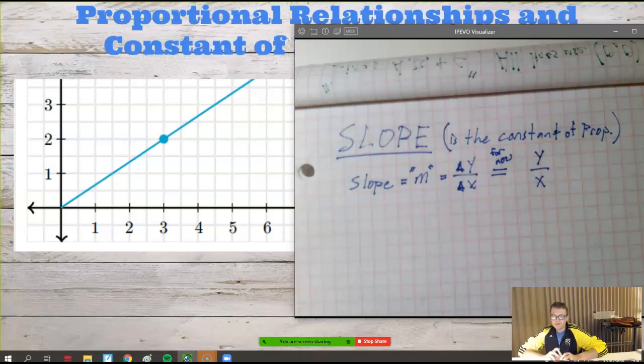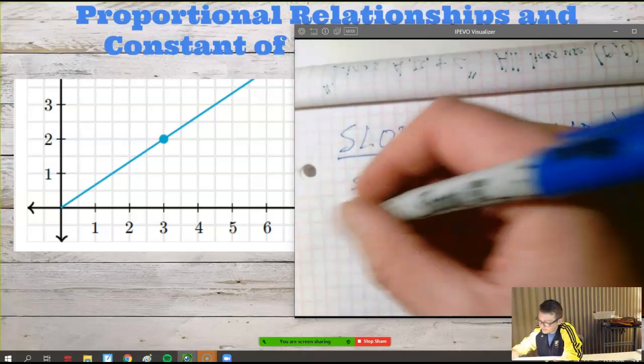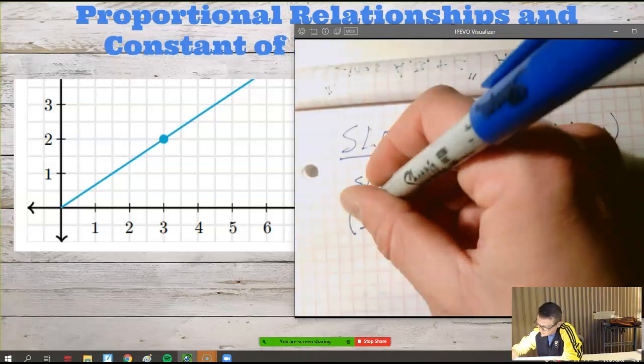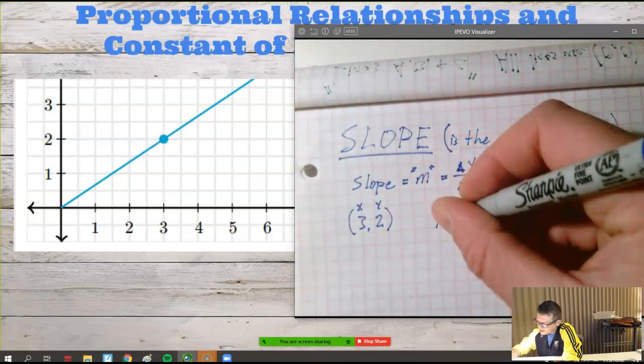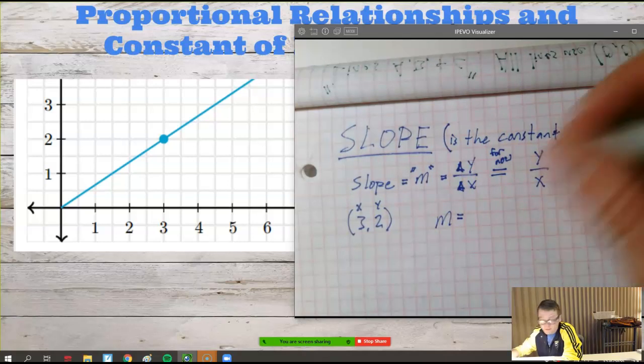So for the graphed line that you can see to the left there, give me somebody new. What's the point that we see on the line? What point do they give us? Yeah, the point is 3, 2. And if we want to put our little reminder, x is first, y is second, meaning our slope is what? 2/3, right?